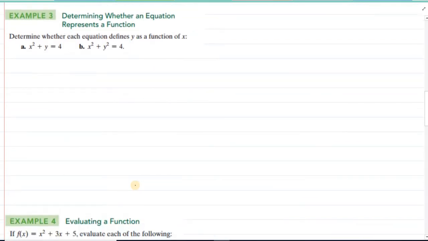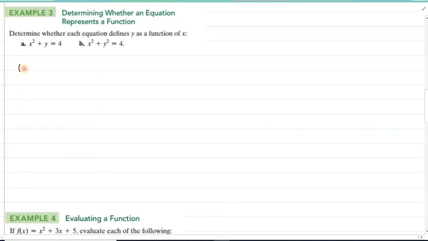Let's look at example 3. Determine whether the equation represents a function. Let's look at part A. We have x squared plus y equals 4. When dealing with this type of question, all we have to do is solve for y. I treat y as the variable and everything else as a constant.